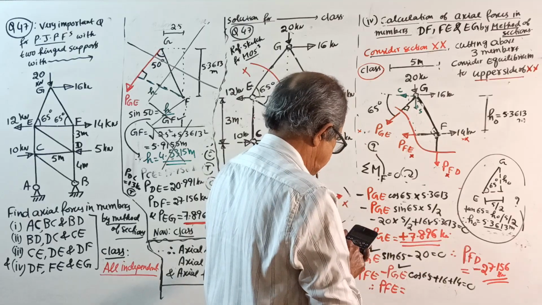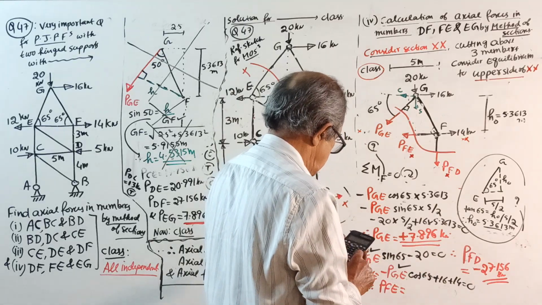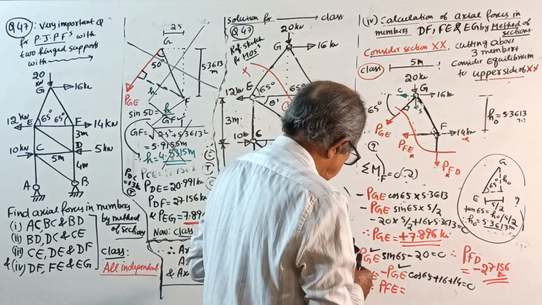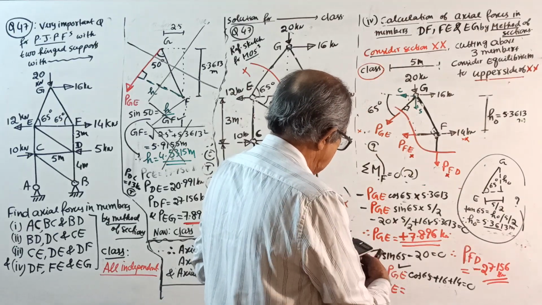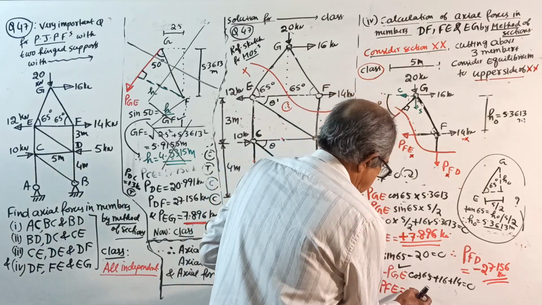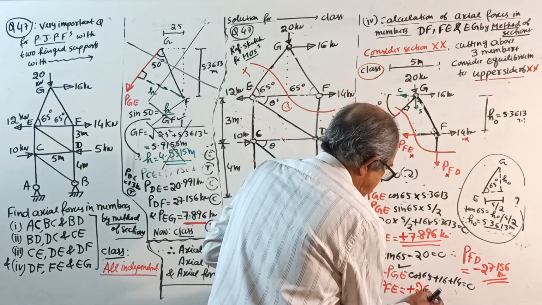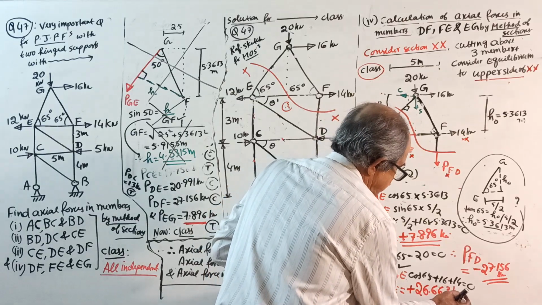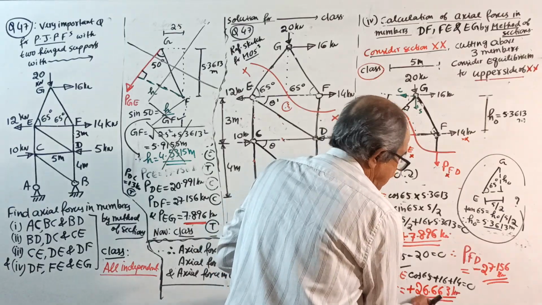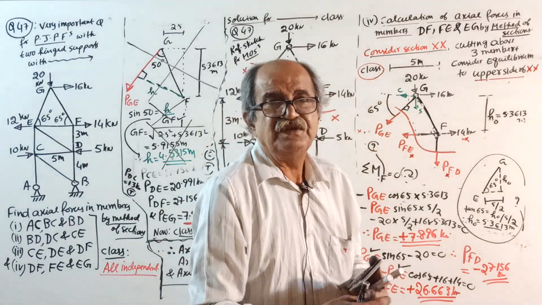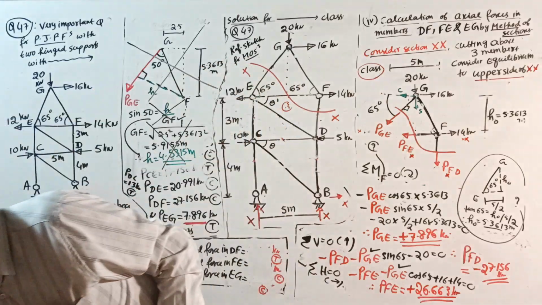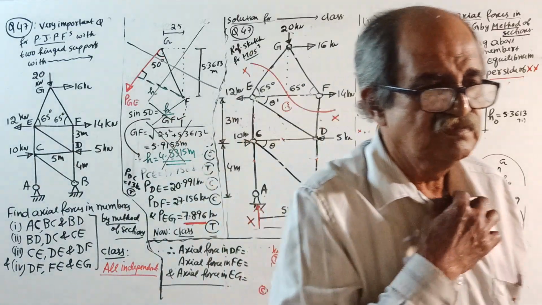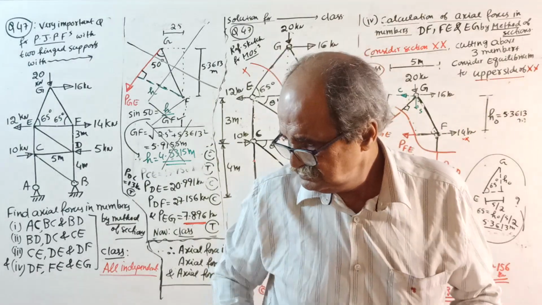Then plus 16 plus 14 is so much, 26 point something, plus will become minus, so it will become plus 26.663 kilonewton. One minute now. This time I don't want to take chances.